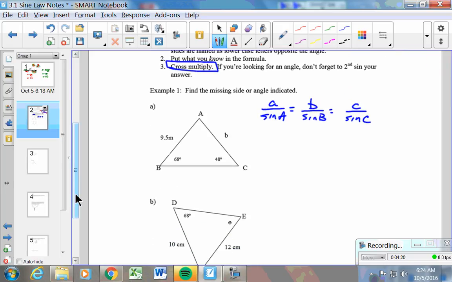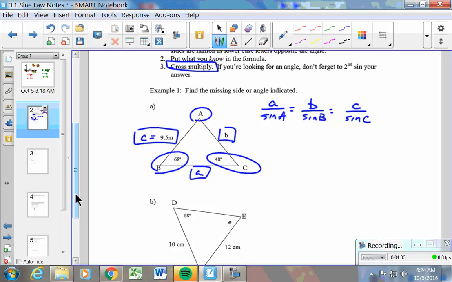Our a value, we don't actually have to work with. Our b value is what we want to solve for. This is our c value, 9.5. Angle B and angle C we will use, and angle A we're not going to work with. So we're not going to work with the a's.